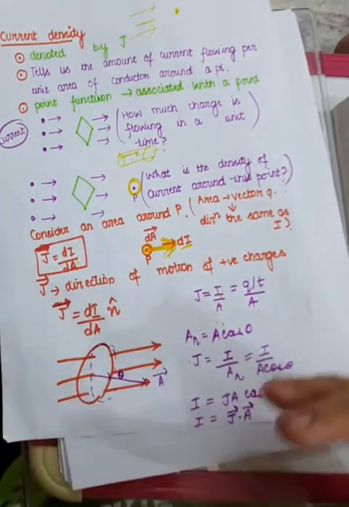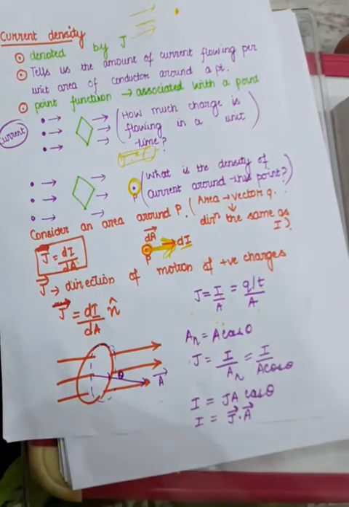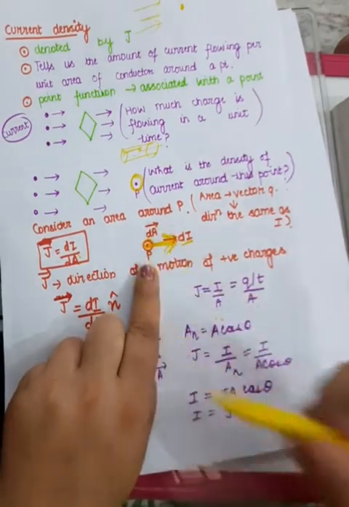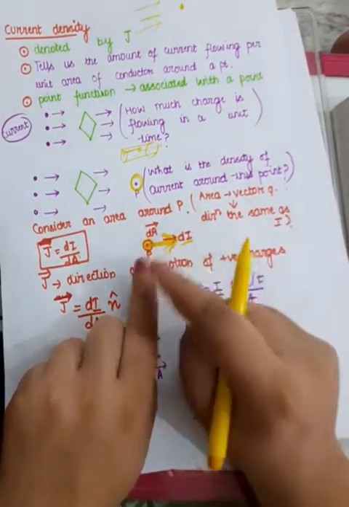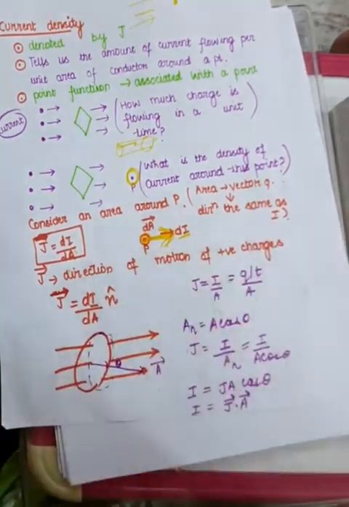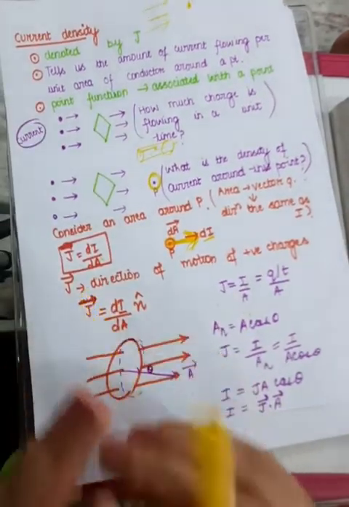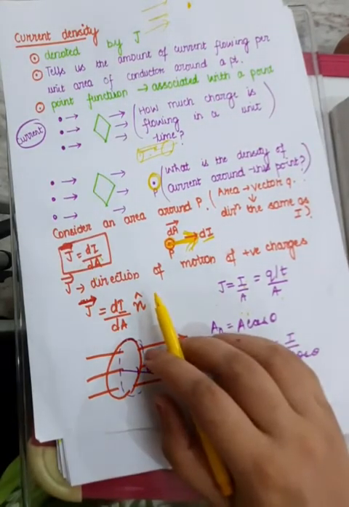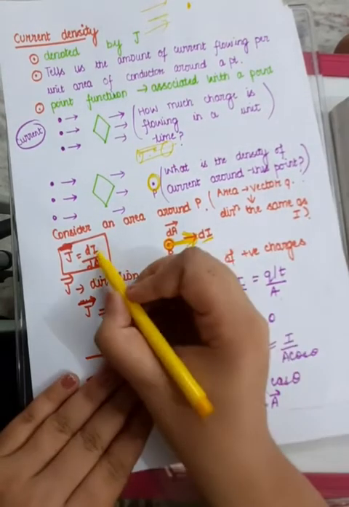We define current density at a point, but since we need to consider a very small area around that point, and area is a vector quantity, current density also is a vector quantity, and its direction is along the direction of motion of positive charges. So this is the magnitude.